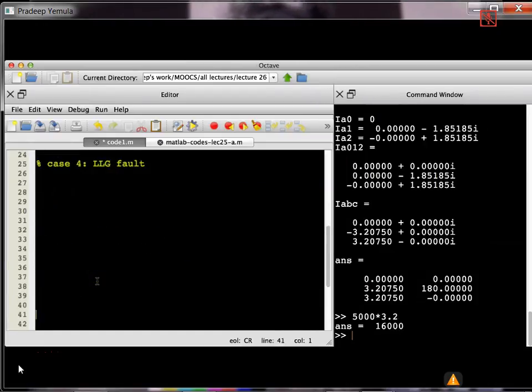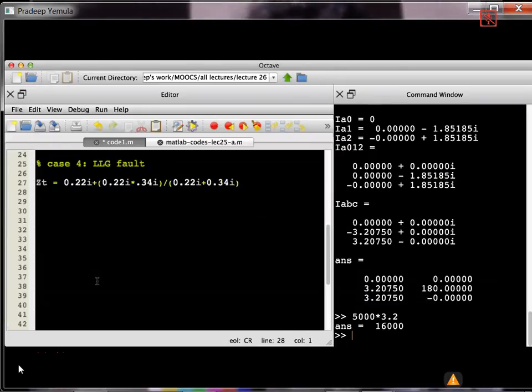In the LLG fault, first I find ZT, the total impedance, that is 0.22j plus 0.22j into 0.34j divided by 0.22j plus 0.34j.